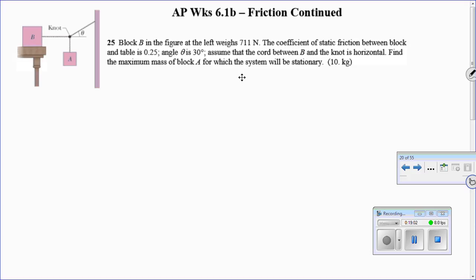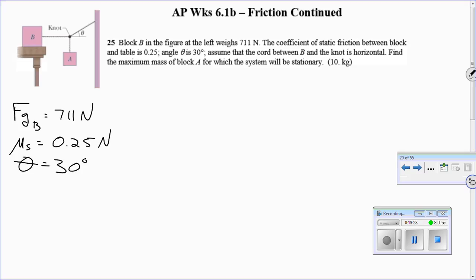Okay, so here we go. Block B in the figure at the left weighs, so the force of gravity on B is 711 newtons. The coefficient of static friction between the block and the table is 0.25. The angle theta over here is 30 degrees.